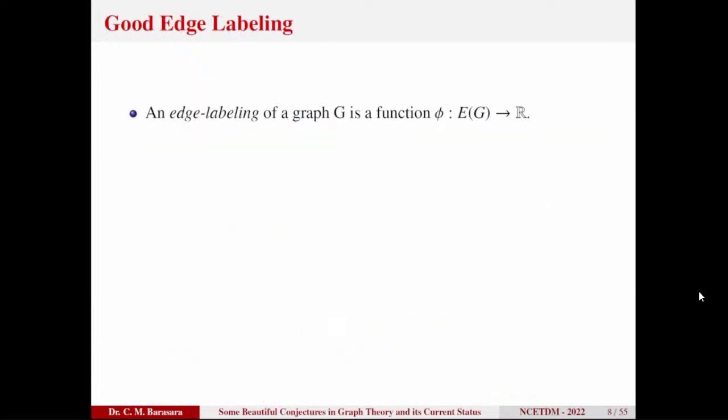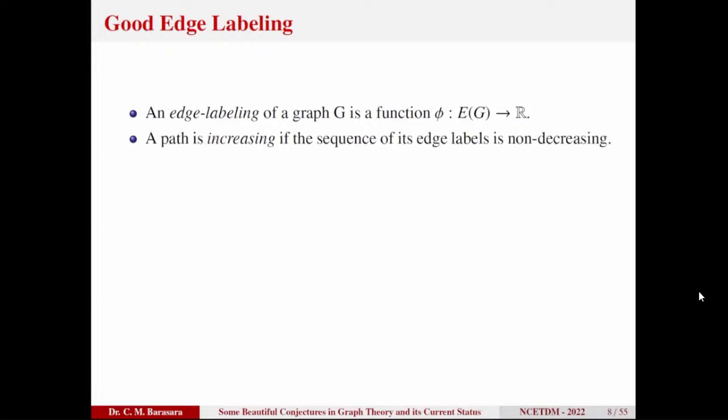An edge labeling for a graph G is a function phi from the edge set of the graph to the real number line. And when we have done that, we now focus on a path. A path is called increasing if the sequence of its edge labels is non-decreasing.